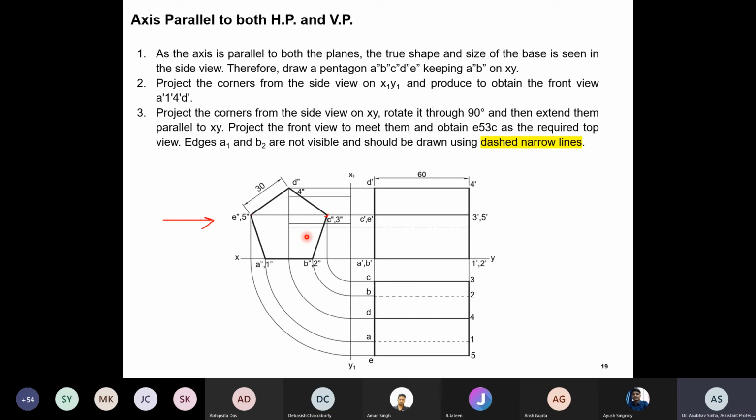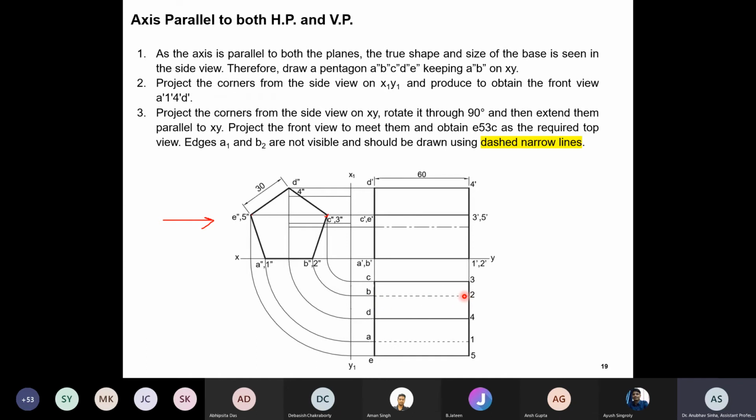In the top view again, these edges E, C and D are visible, and A1, B2 are hidden. So that is how you will draw. The examples that we take for solids are quite simple, but the only thing you have to be careful about is which edges will be hidden and which edges are shown in the view.